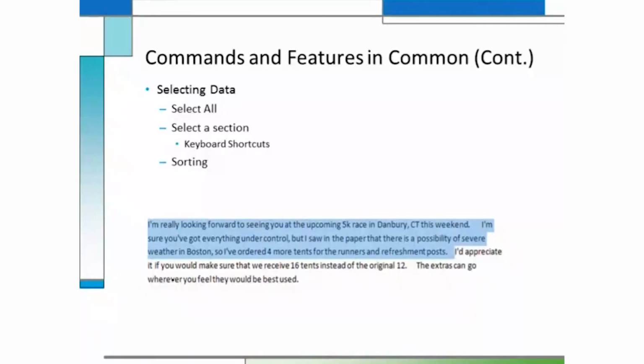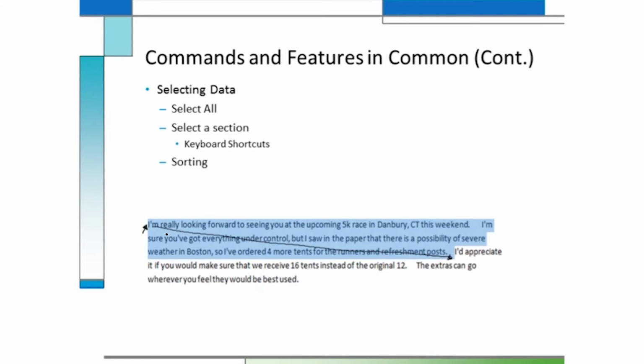When we're selecting data, we're almost always using our pointer device, our mouse, but we don't have to. But often what we would do is put our mouse at the beginning of where we wanted to select data, and then move that mouse to the end of the last of the selection, again with a click and drag, and what that would do is highlight all of the information that would be in between those areas. Now, many times you're thinking, well, I actually want to copy the entire document.